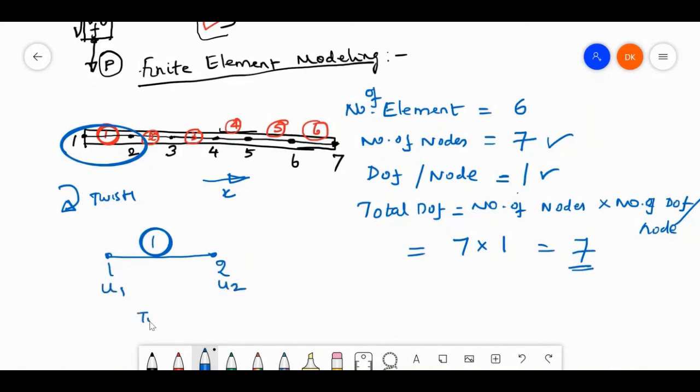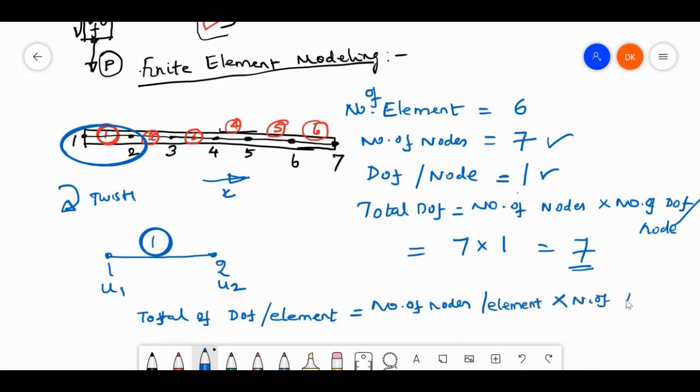So the total degrees of freedom per element is equal to number of nodes per element into number of DOF per node. Here the number of nodes per element is only 2, so 2 into number of degrees of freedom per node, which is 1. So that is equal to 2.